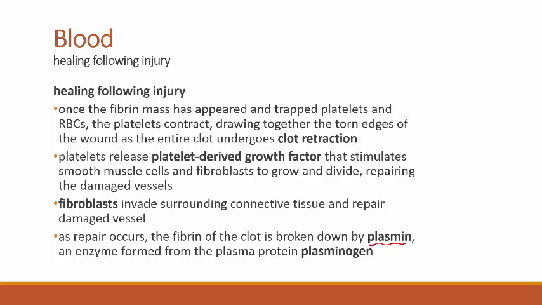With the intrinsic pathway, factor 12 is activated when it encounters some foreign material. Factor 12 activates factor 11. Factor 11 activates factor 9. Factor 9 joins with factor 8 and platelet phospholipids, which are on the membrane of the platelet, and that activates factor 10. Factor 10 causes the production and release of prothrombin activator.